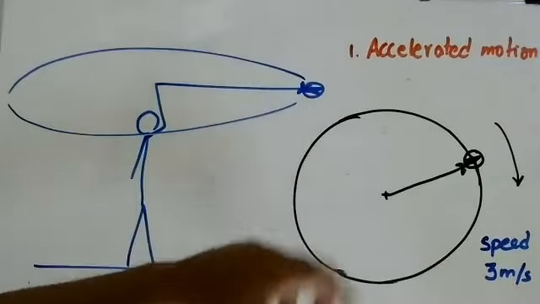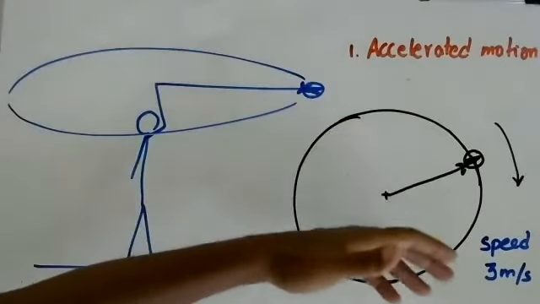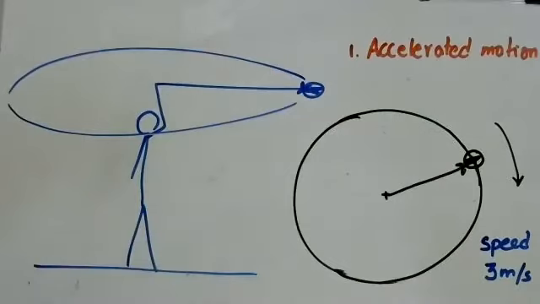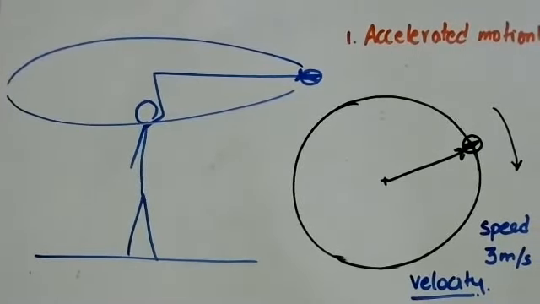We know that the object is going at a uniform speed but not at a uniform velocity. Since it is constantly changing the direction of its motion, the velocity is not considered constant.